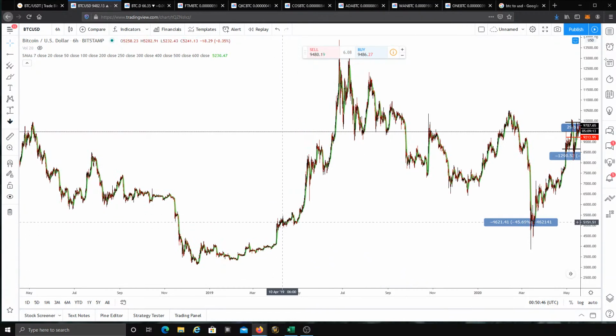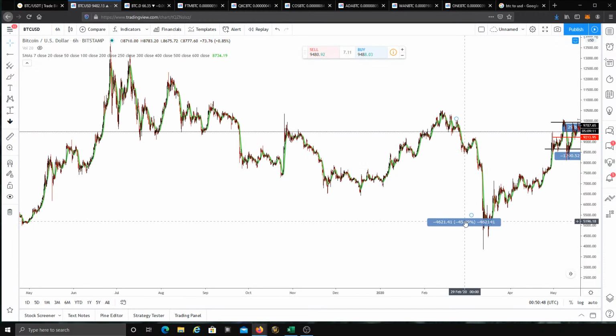Okay, I was going to short it down to here. That's a 45 to 50% drop. That would have been 200 to 250% profits, or probably, I don't know, close to $100,000. From $6,000 to $36,000 to $200,000.